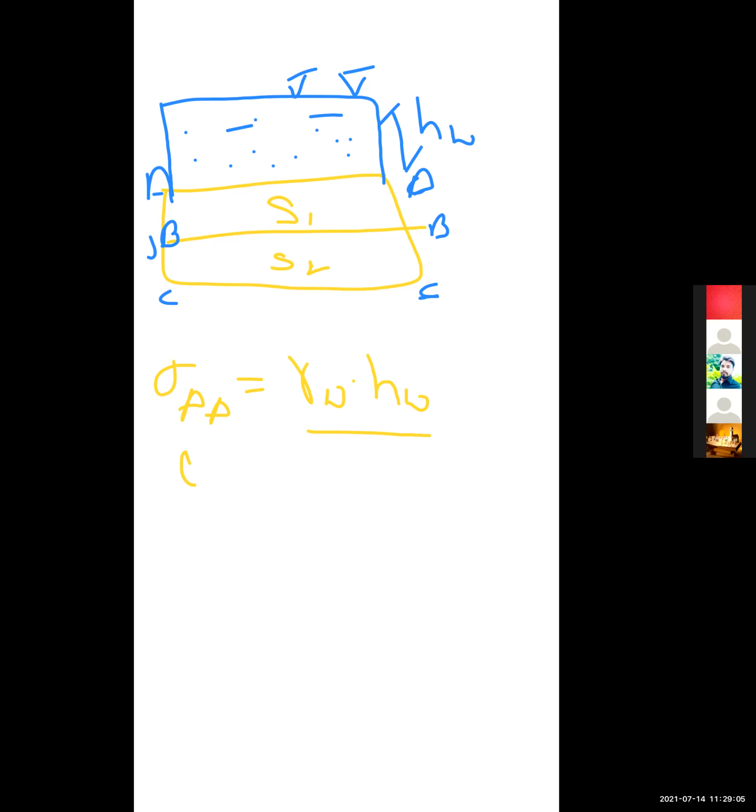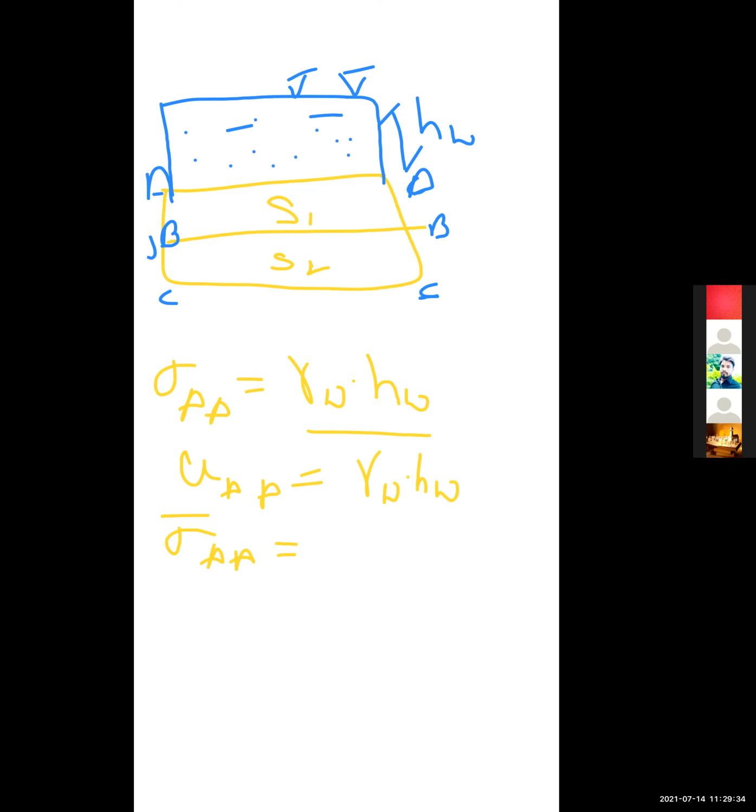What is the pore water pressure at A? Is there any pore water pressure? Yes, ma'am. So water is also available above the A level. That means pore water pressure is also at level A, and the value is the same, that is gamma W into HW. So what is the effective stress at A?